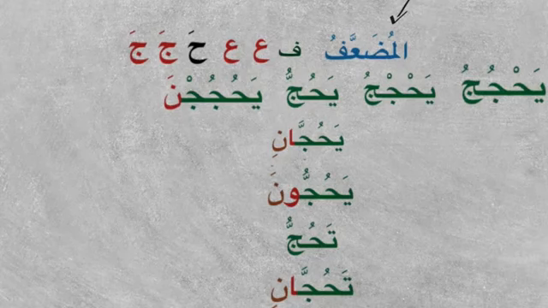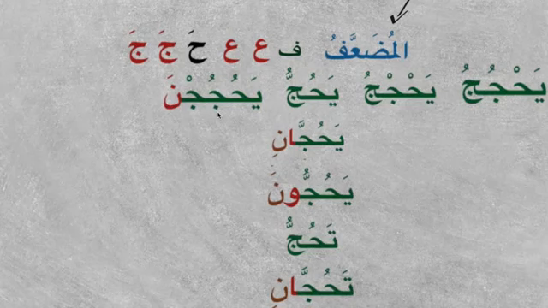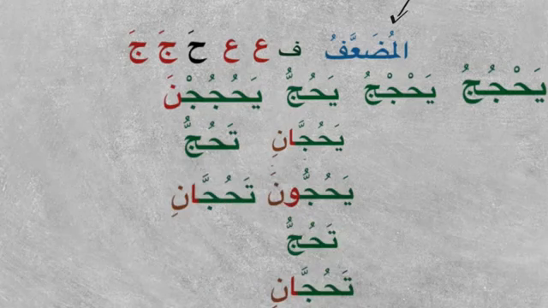So whenever there is a mutaharrik pronoun, we break the idgham, because the noon comes and asks, no, I want a sukoon on the lam kalima whenever the mutaharrik pronoun comes. So we have here yahjujna. There is a typo here. It has to be yahjujna.